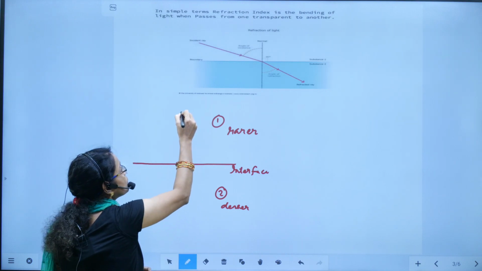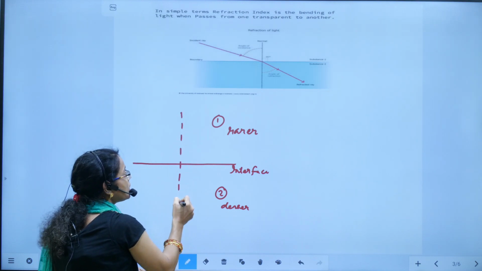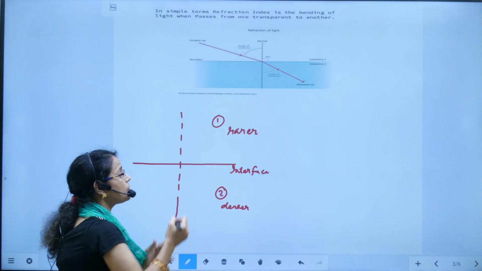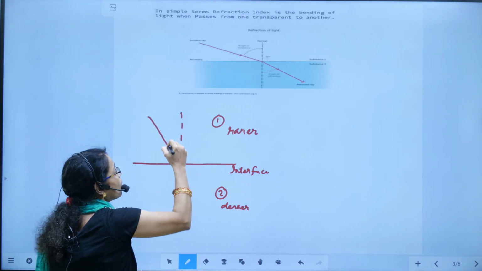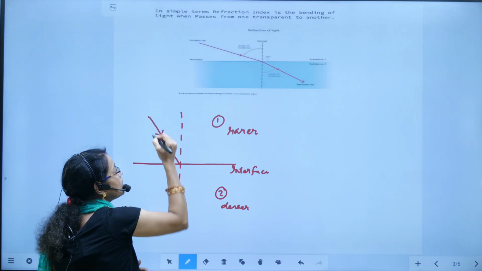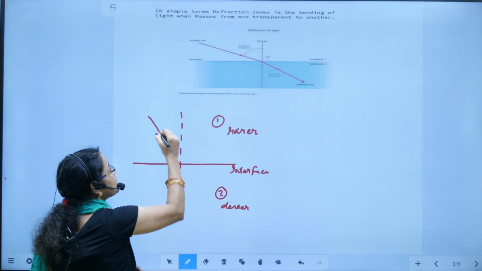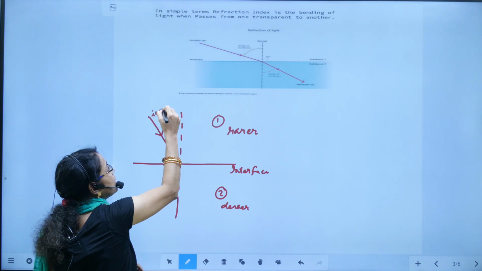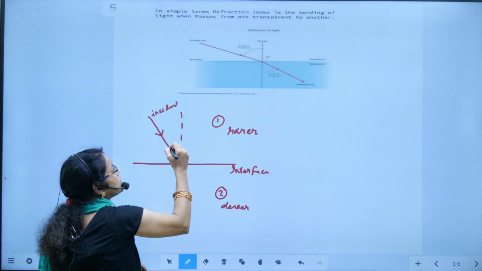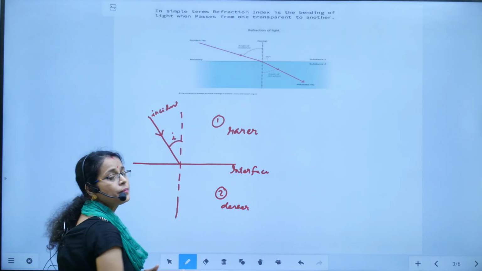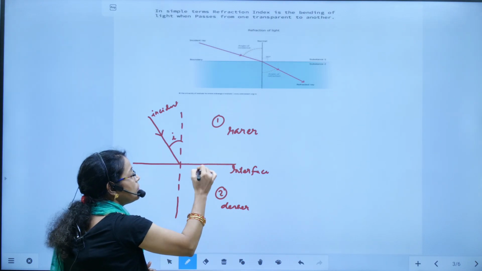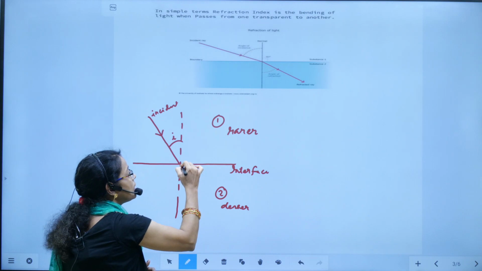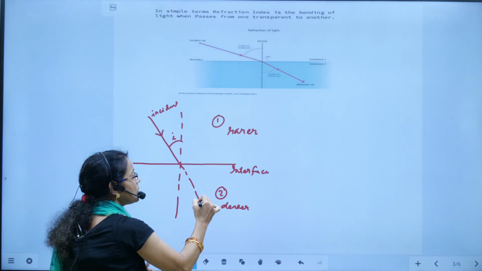Clear? To understand refraction, we'll consider an interface, and this is the normal to the interface. Now if an incident ray is obliquely incident on the interface, the angle between the incident ray and the normal to the interface is called the angle of incidence, i. If there were no interface, the light would travel in a straight line.